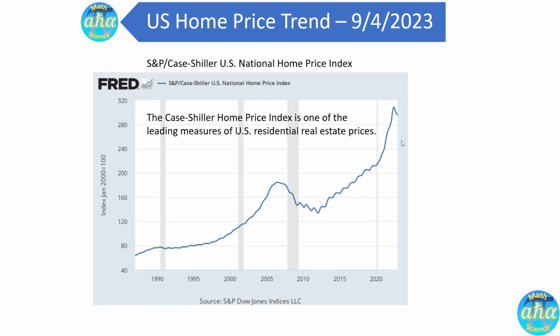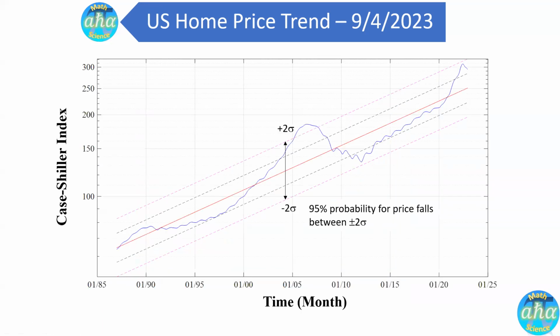So the question is, we saw a little bit of a dip here, and we want to know what happens afterwards. That was back in March of 2023. At that time, we analyzed this Case-Shiller index on the log scale and did some regression analysis to see what the trend looks like.